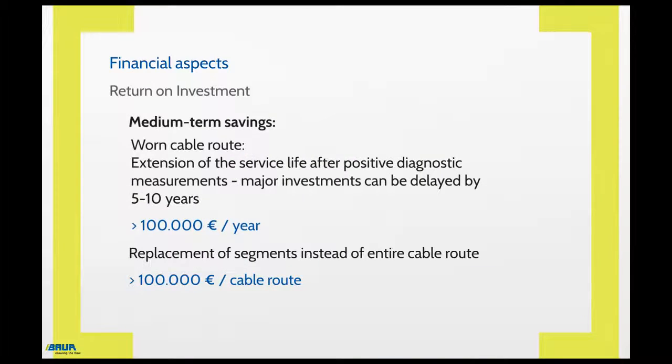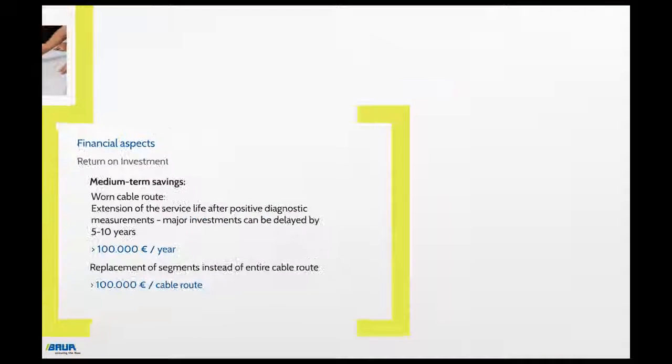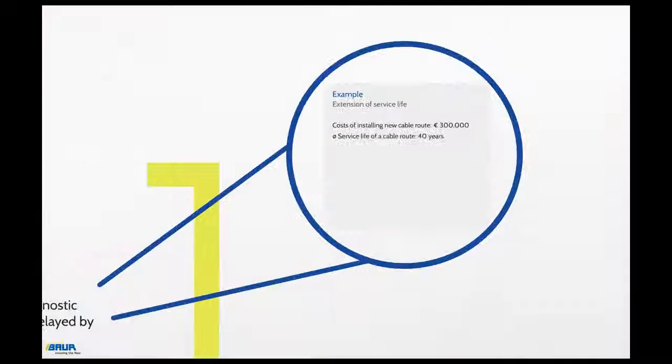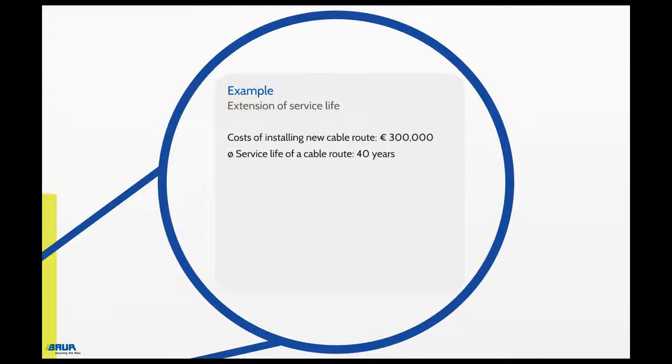Diagnostics also help when worn cable routes are being replaced. Once cables have reached a certain age, they are often replaced on a precautionary basis to prevent failures. In this situation, diagnostics can be used for condition evaluation, which can extend the service life of a cable if it turns out that the cable is still in good condition. Here is an example. Let's assume the costs for the laying of a new cable route are 300,000 euros, and the normal service life of a cable is 40 years.